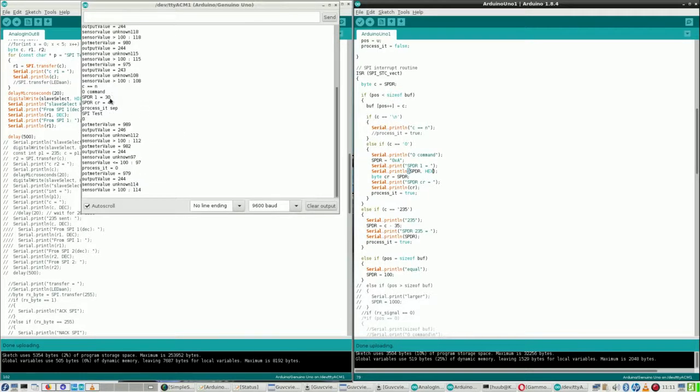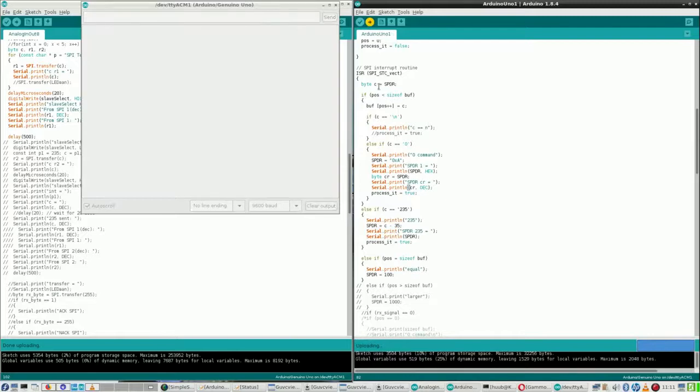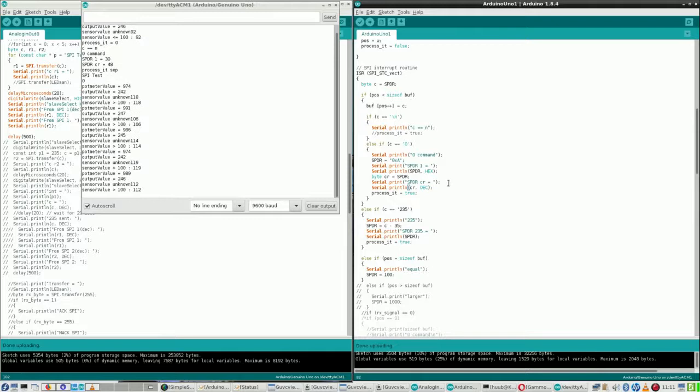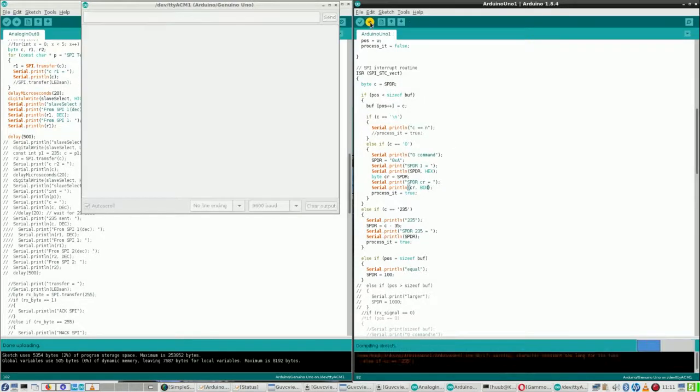$30. Now this is all the same. So if I say here decimal, $48. So 48 is the decimal. Doing binary.